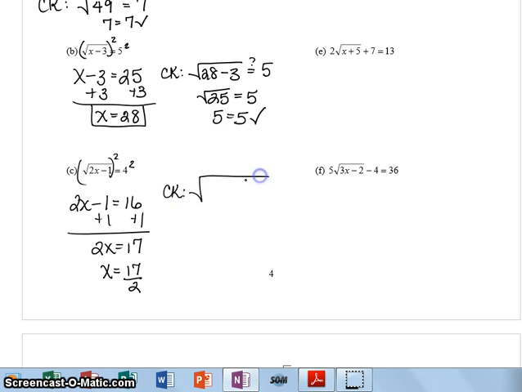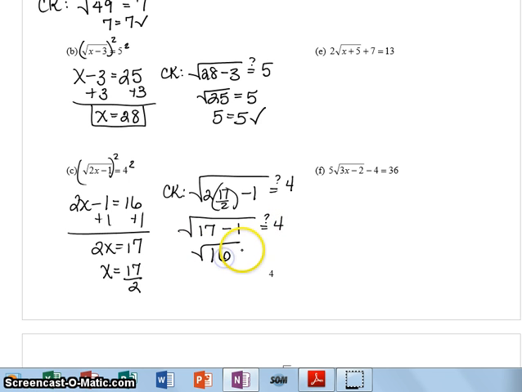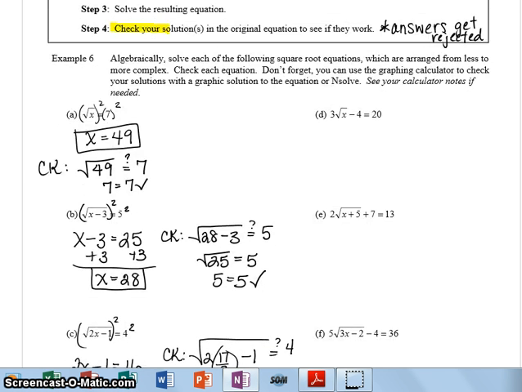You get the square root of 2 times 17 halves minus 1, and you're checking to see if it's equal to 4. So 2 times 17 halves is just 17, minus 1, which is the square root of 16. You get 4 equals 4. You accept that answer. You're going to notice sometimes if they don't check, then it gets rejected.